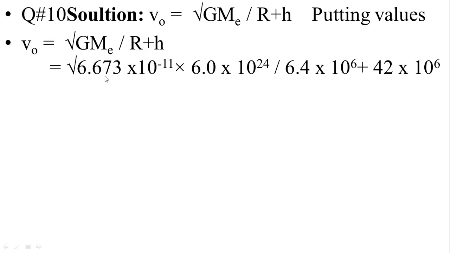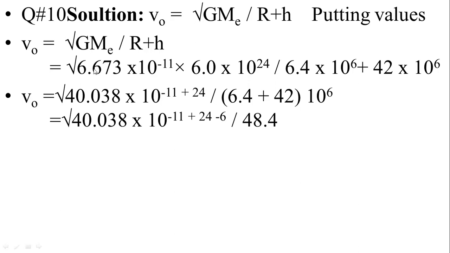Now putting the values, we calculate that value of G, 6.673 multiplied by 10 raised to power minus 11, multiplied by mass of Earth, 6 multiplied by 10 raised to power 24, divided by R plus H, 6.4 multiplied by 10 raised to power 6 plus 42 multiplied by 10 raised to power 6.